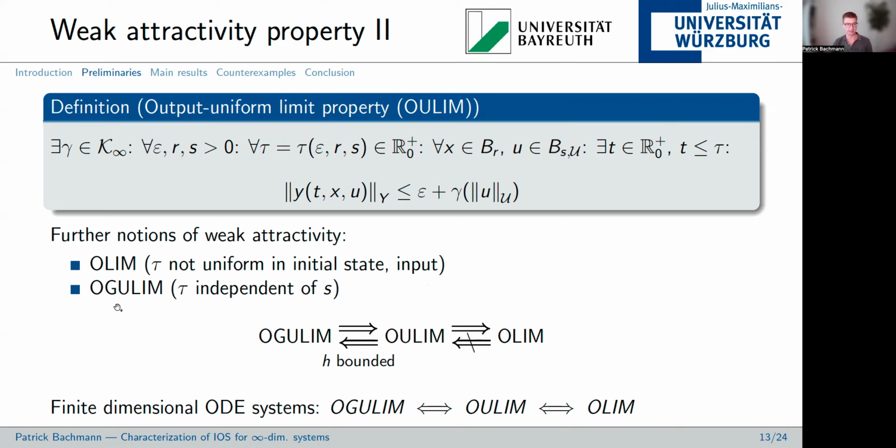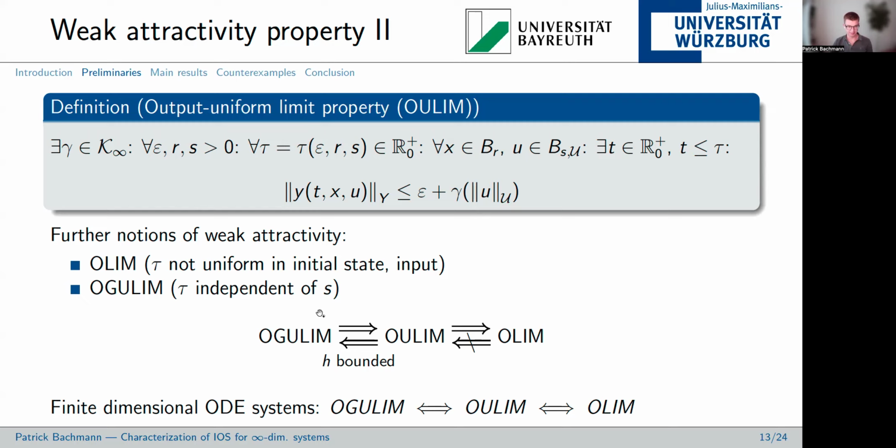And also we can consider a global uniform limit property, which then states that the time that we reach the radius is independent of the input.